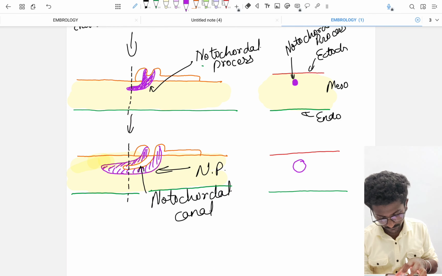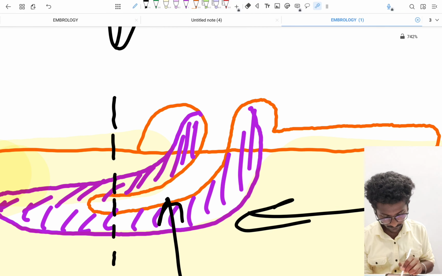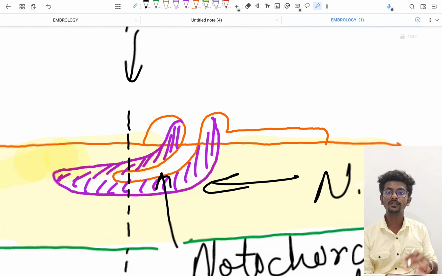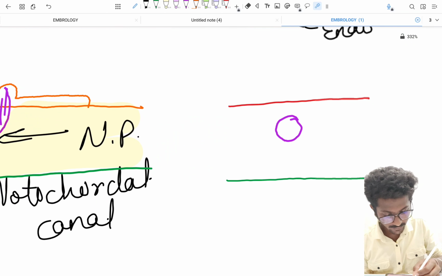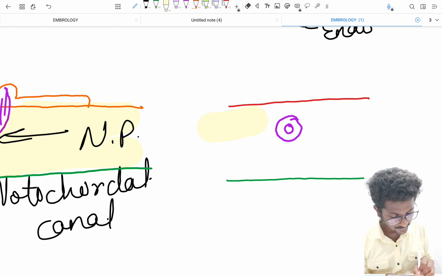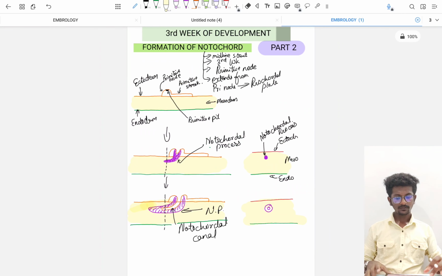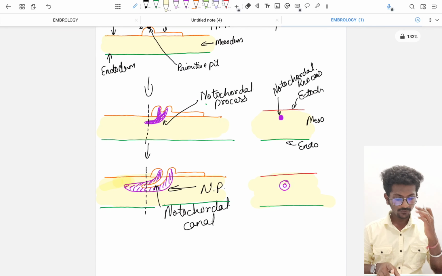In the center of this notochordal process you have this opening, which is called the notochordal canal. So I will draw this notochordal canal also in the middle, surrounded by the mesoderm. Okay, so let's move forward now.